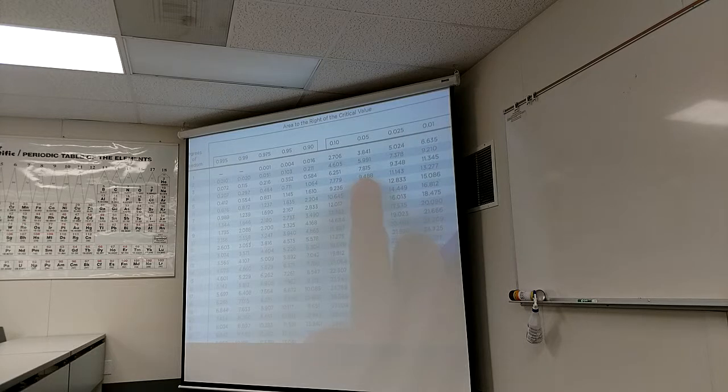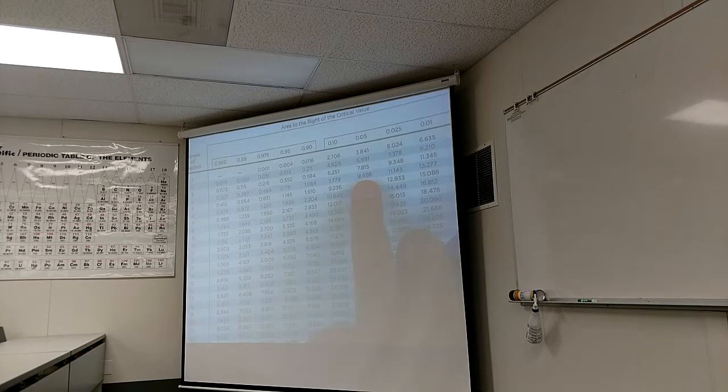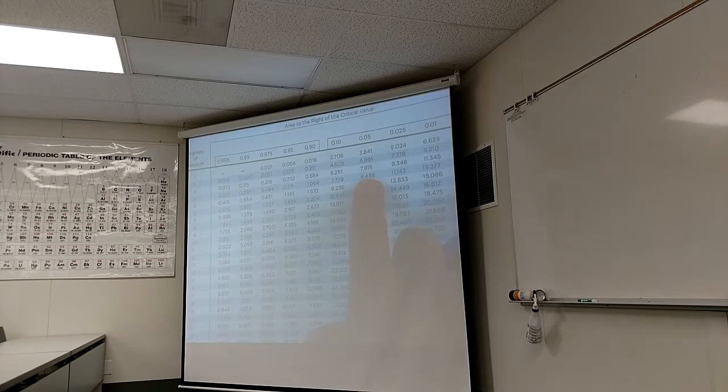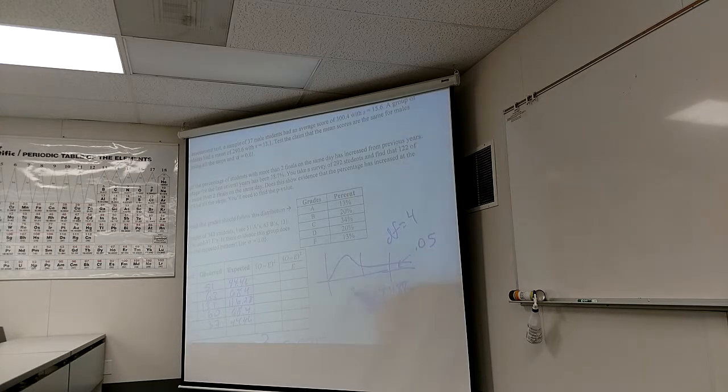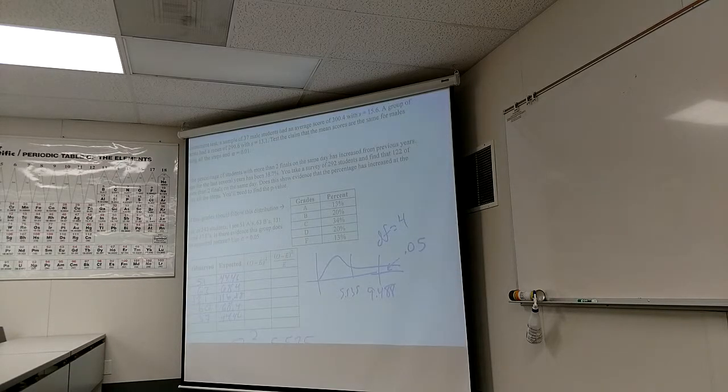So if they got further away than that, that's evidence that it doesn't follow expectation. It's so far away from 0, it doesn't follow. Did we get far enough away? 9.488, and we only got to 5.535. So we did not make it here.